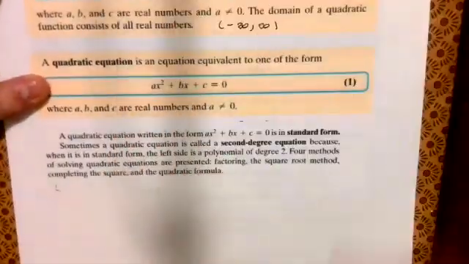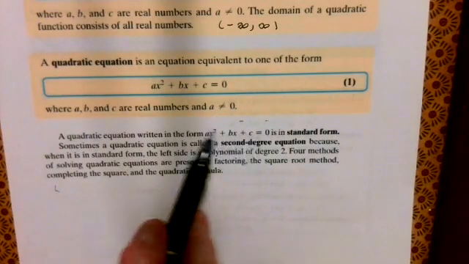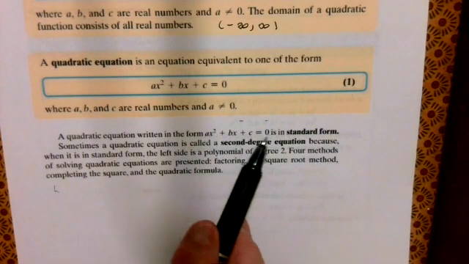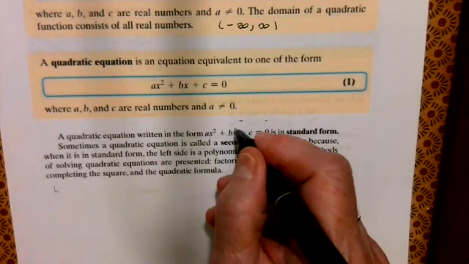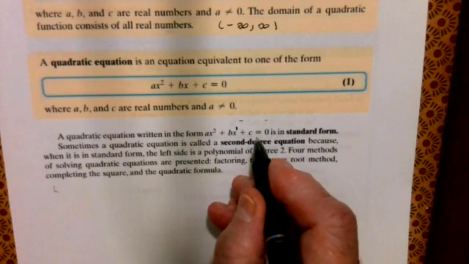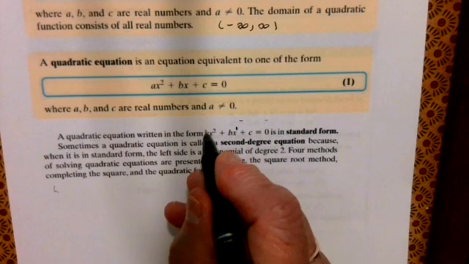In this form, the exponents are in decreasing order, because the exponent here is a 1 and the exponent here is actually a 0. So it's written in standard form.